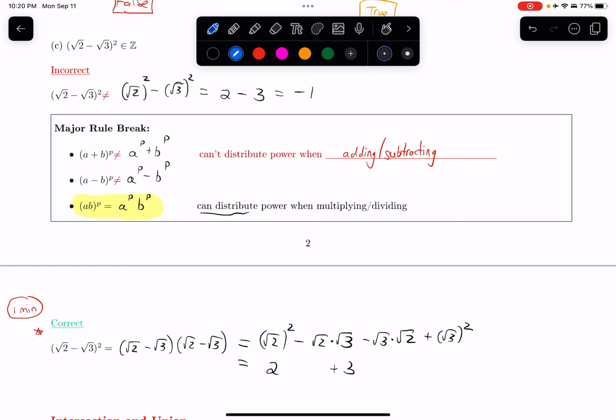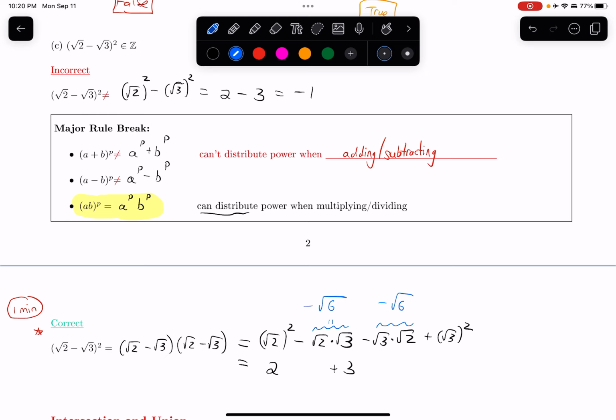And then, well, if I have a square root of 2 times square root of 3, well, the square root stays, and then I multiply the things inside of the roots together. So 2 times 3 is 6. Same thing with this one. I'll have the root stay, multiply the insides together to get that 6. Okay, so this one, of course, had a negative in front. This one had a negative in front.